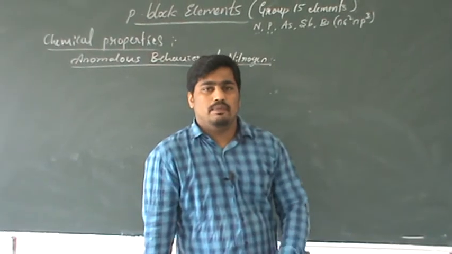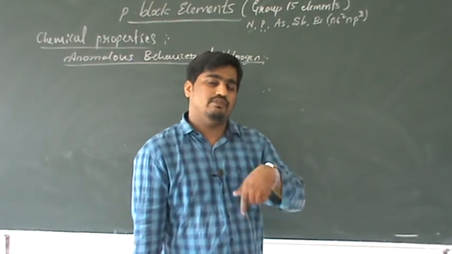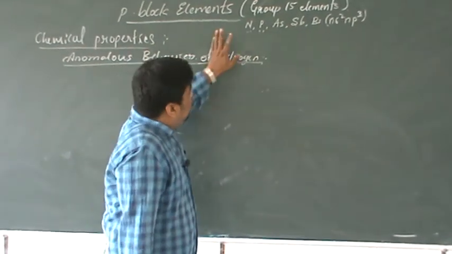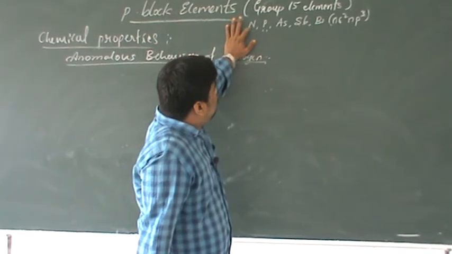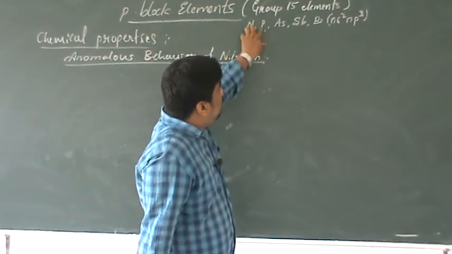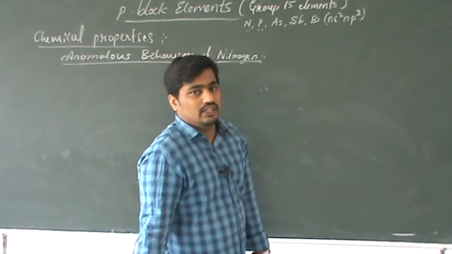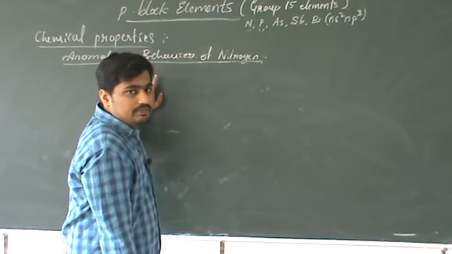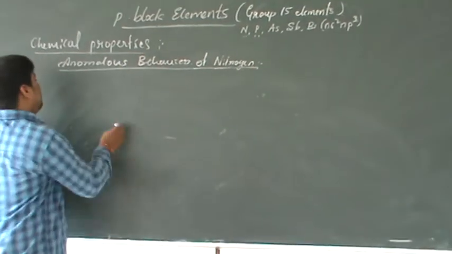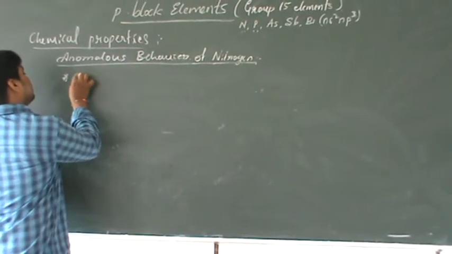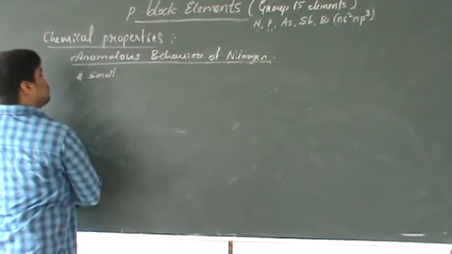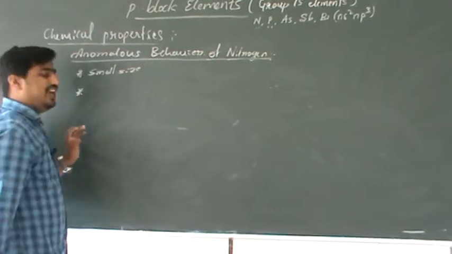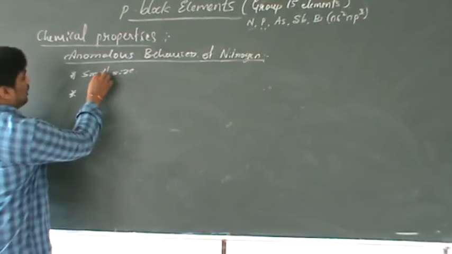Anomalous means the property of the element differs from the other elements present in the group. In group 15, nitrogen itself behaves differently compared to the other elements in the same group. It behaves differently because of three reasons. One is the smaller size of nitrogen.